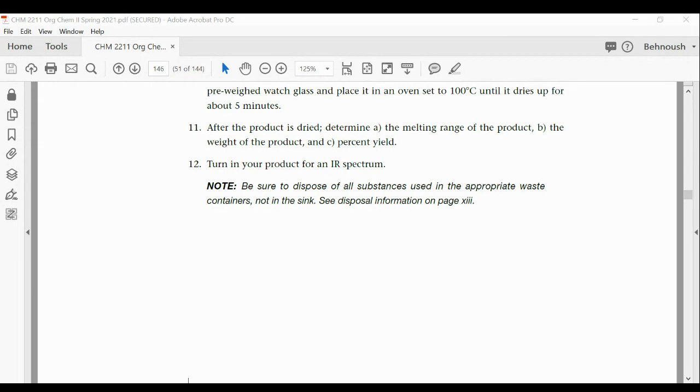If you look at experiment 17, which covers IR, you can use those charts, or chapter 12 from the Wade book that covers IR. Also chapters 12 and 13 from the Wade book.